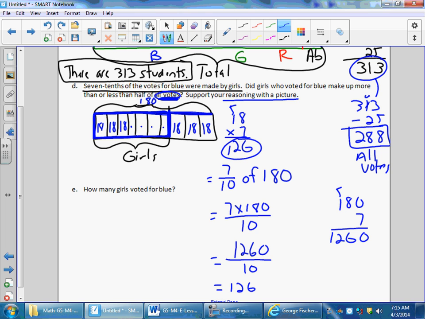How many girls voted for blue? 126 girls voted for blue.